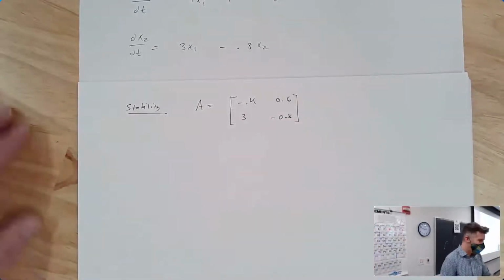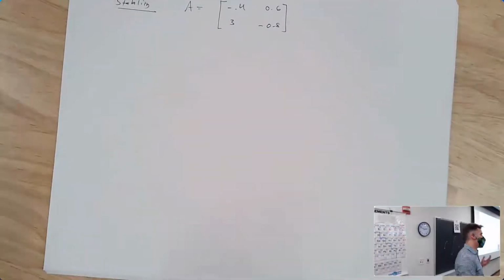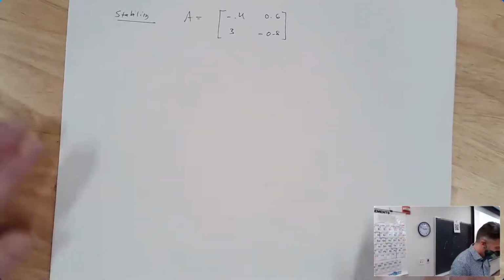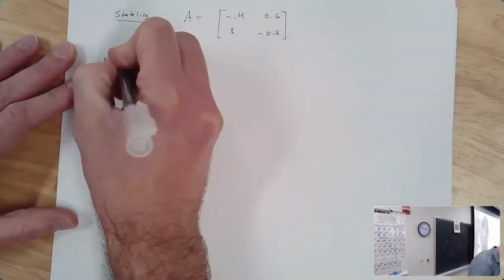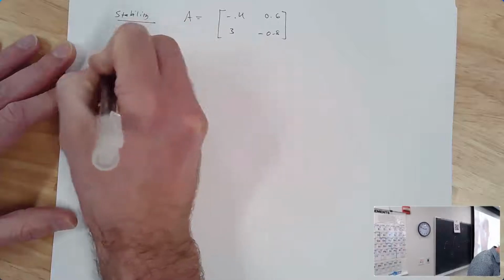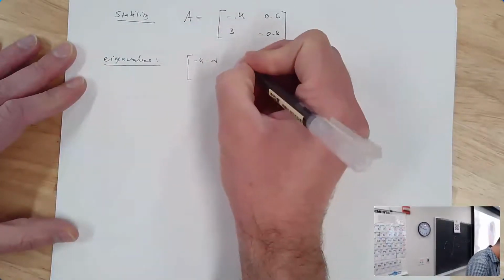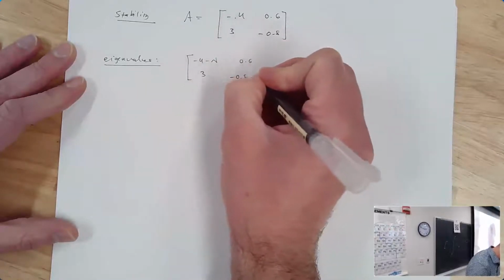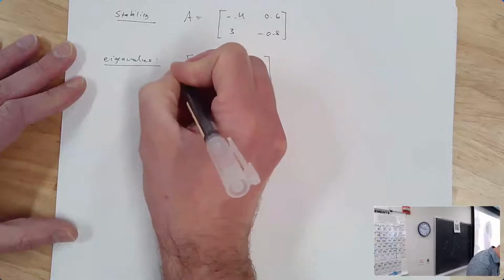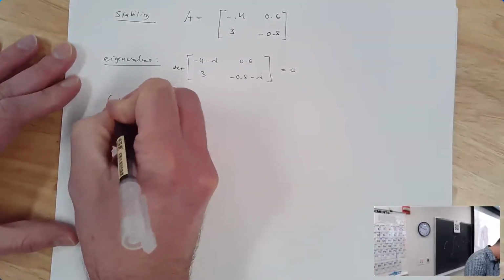Could I find the eigenvalues? Definitely. If we want to do it the long way, here's how we would do it: -4 minus lambda, 0.6, 3, -0.8 minus lambda. Take the determinant of that and set it equal to 0. I'm not thrilled.